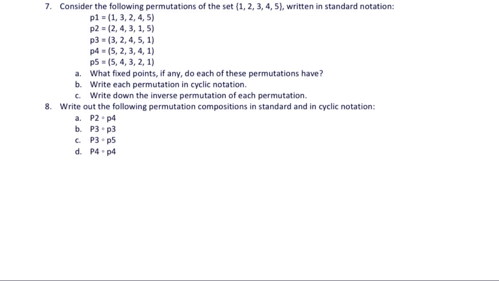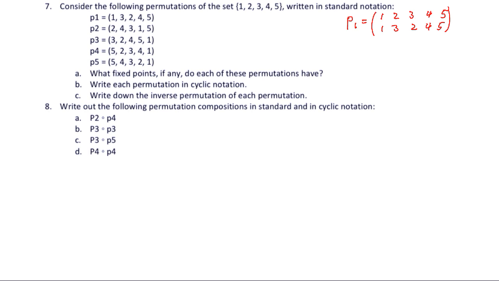Okay, in this video I'm going to solve problem 7 shown here, and it gives you 5 different permutations. They're written in standard notation, so that means they're not written in cyclic notation, and in fact I could rewrite permutation 1 like this: 1, 2, 3, 4, 5, and then 1, 3, 2, 4, 5 is the pattern that permutation 1 has.